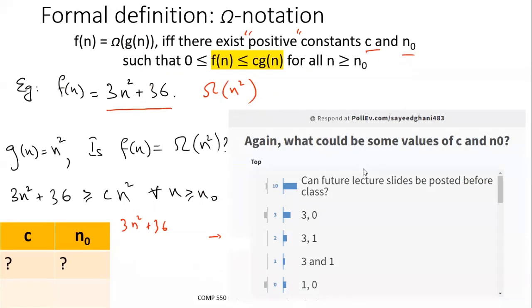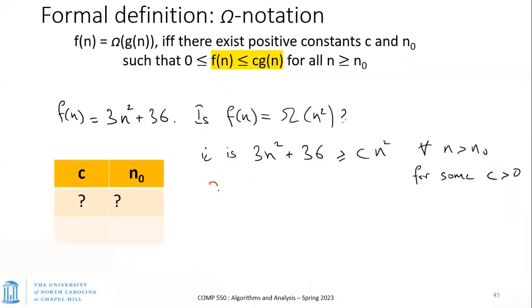What is being suggested is 3. So 3n squared plus 36 has to be greater than or equal to 3n squared, and that seems almost trivially true, right? What would n naught be in this case? I wouldn't use 0, but n naught being a positive integer, we could say this is true for n greater than or equal to 1. So if c is equal to 3, then n naught is equal to 1, simply because you have a 36 over here.